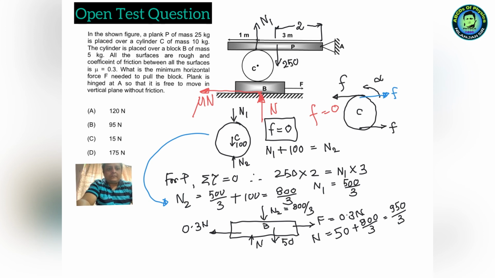So the normal reaction is 950 by 3. Therefore the force is 0.3 times N, so 0.3 times 950 by 3, that means equal to 95 Newton.